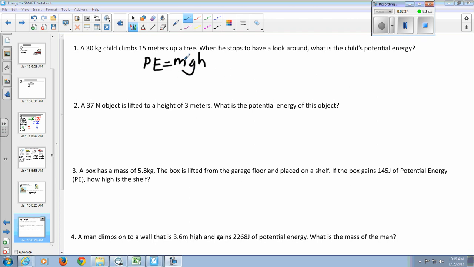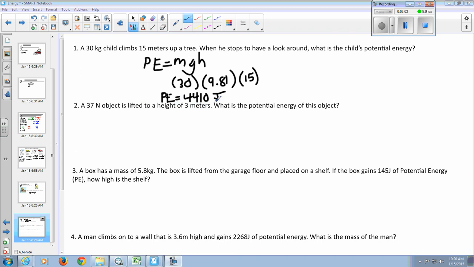That goes with mass. 15 meters, that's the height. Gravity 9.81 meters per second squared. So mass 30, times 9.81, times 15, 4,410 joules potential energy.